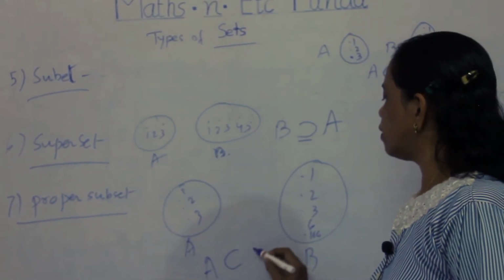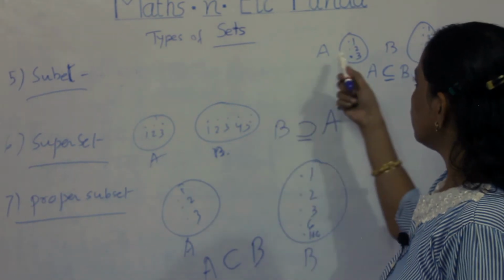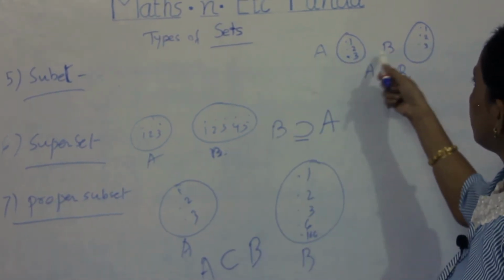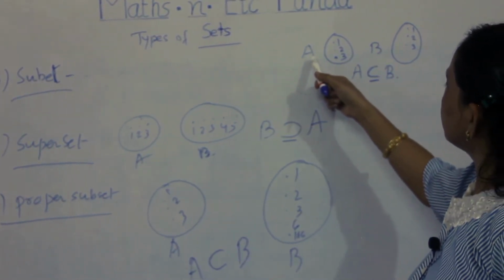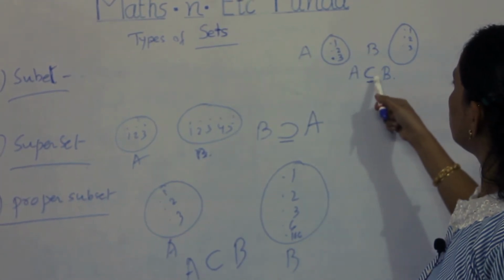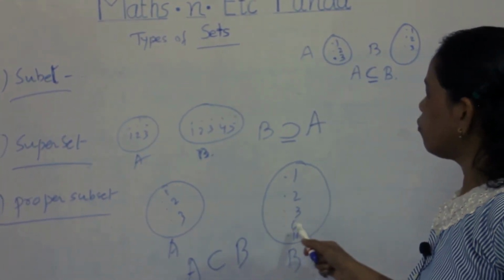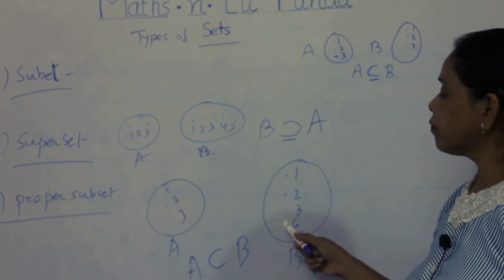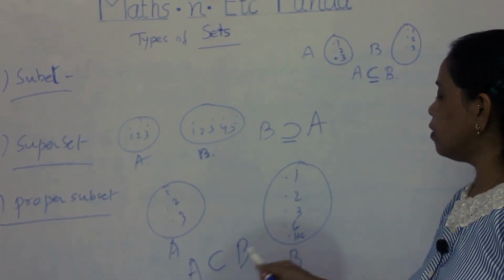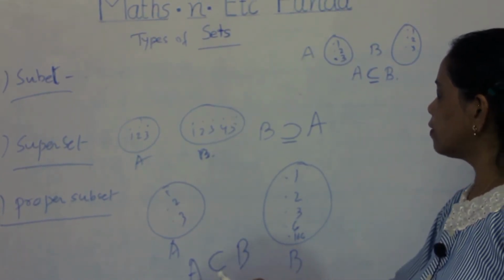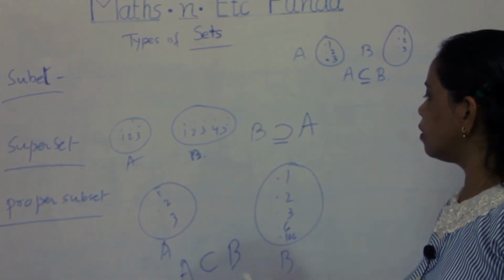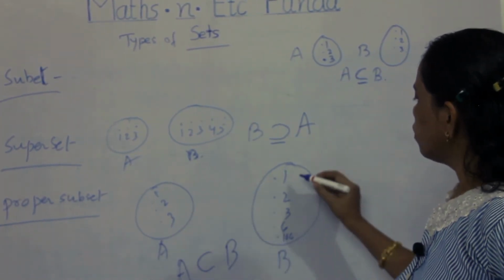It is denoted by this. Here the difference is that both are not the same. We can say A is the subset of B, but at least one element will be different from A. So A is a proper subset of B.